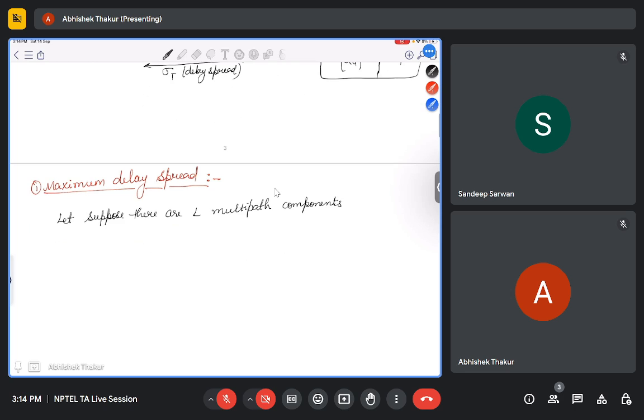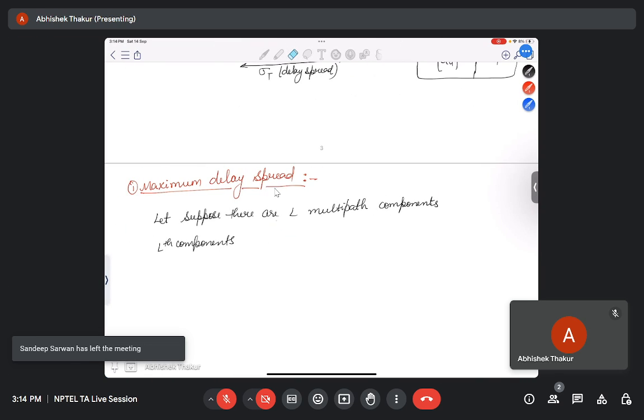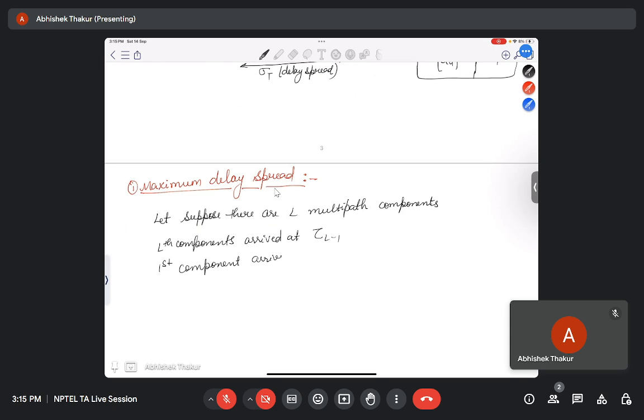Then the Lth component arrived at tau_(L-1), and the first component arrived at tau_0. So sigma_t max, that is the maximum delay spread, will be equal to tau_(L-1) minus tau_0.